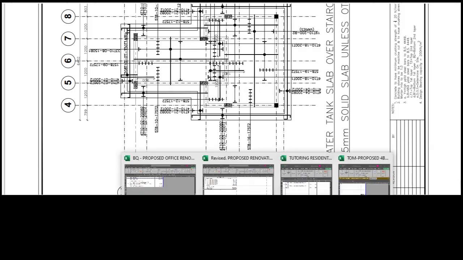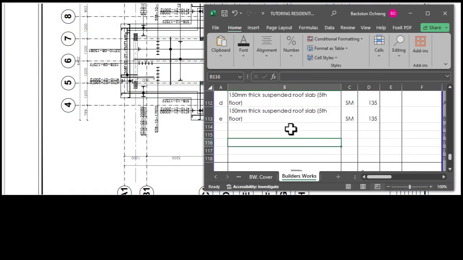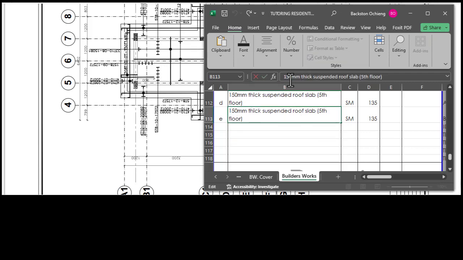The thickness is now different, 175 millimeters. So that is how different they can be, and if you're not keen about them, then you might have wrong descriptions. So you always keep confirming what you have in each and every step. So this is 175 millimeters thick suspended water tank slab. So I think that is the right description.